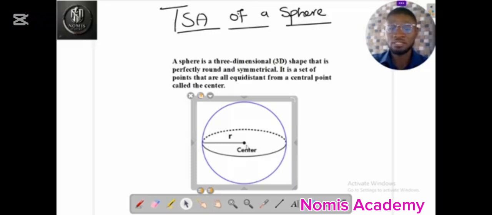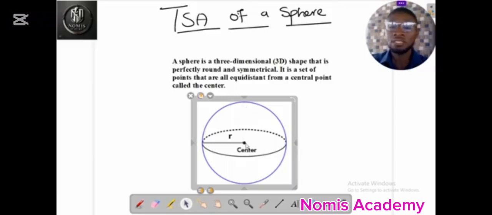So you can see it. This is the center. It is a set of points that are equidistant, meaning that from the center, it is the same distance to any part of the circumference. Unlike the earth, since it is flattened at the top and at the bottom, it will not be equidistant from the top and the bottom to the center, but the other sides might be.